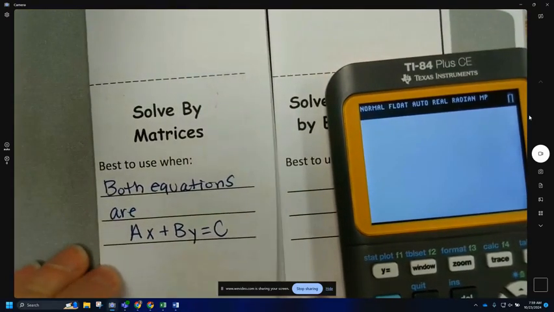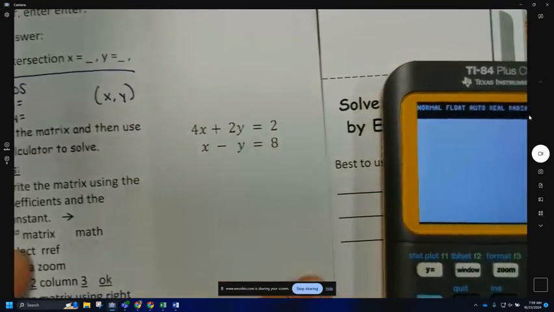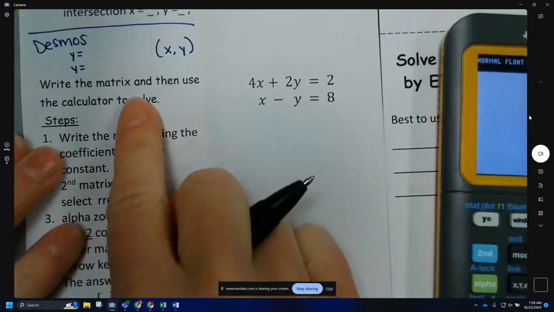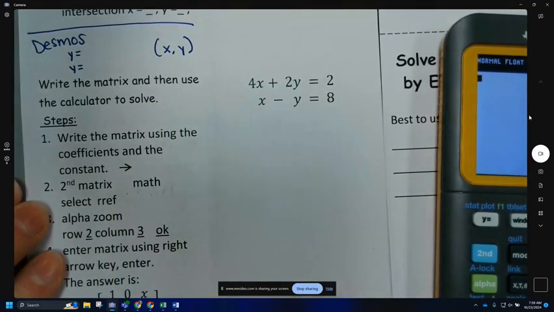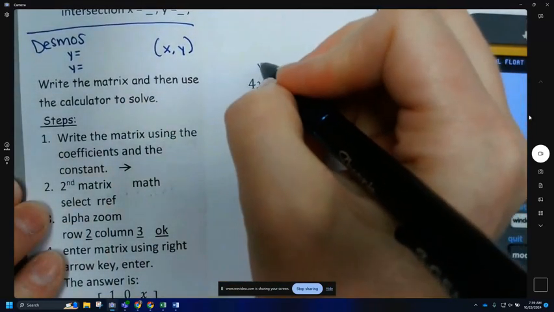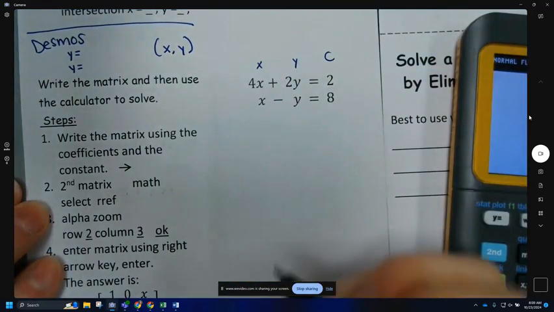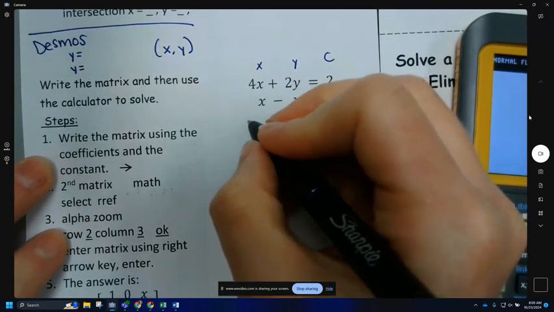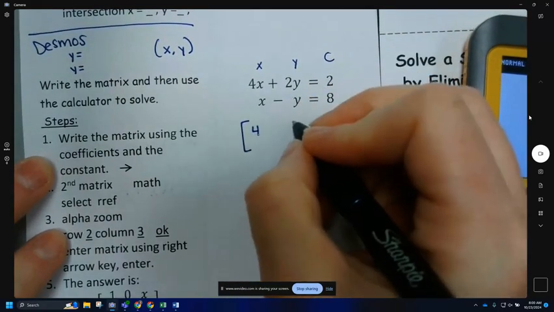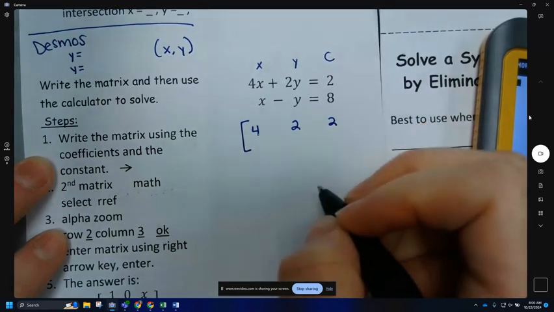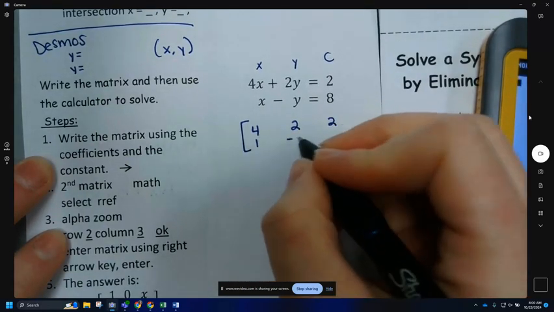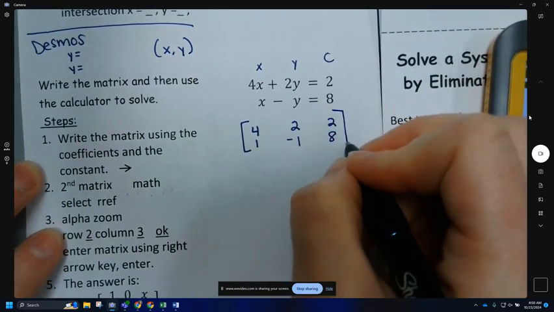So pause it if you don't. For this, write the matrix, then use a calculator to solve. You've got to make sure this is an x, y, and c being a number. So we're going to write the matrix first. So 4, 2, 2, 1, -1, and 8.